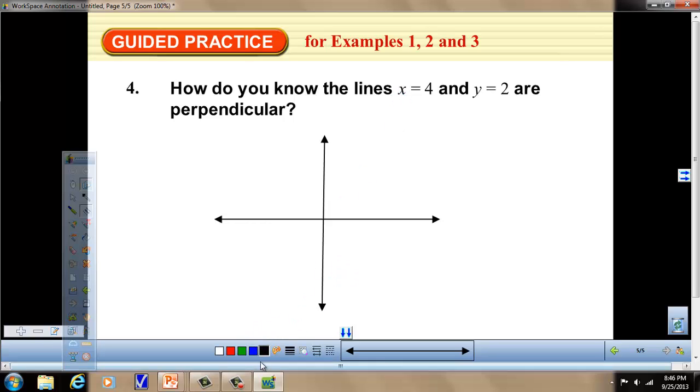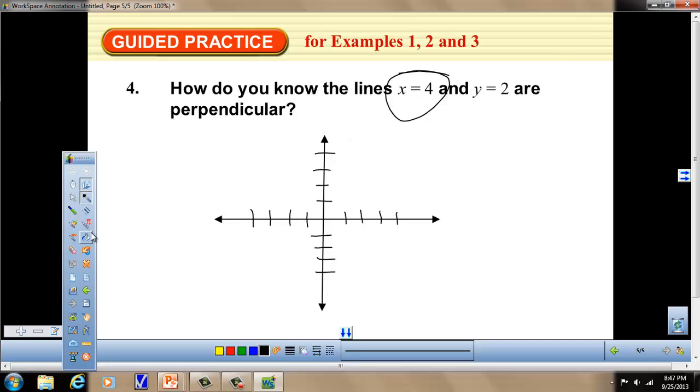So I'm going to plot this: 1, 2, 3, 4, 1, 2, 3, 4, 1, 2, 3, 4, and 1, 2, 3, 4. What this line is telling me is that it's going through the x-axis at 4, and all the x values will be 4 when we graph them.